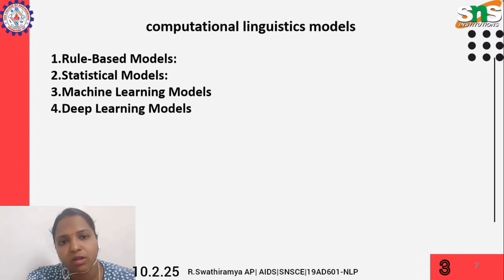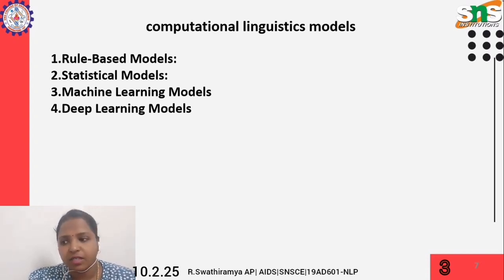Number one is the rule based model. It involves the creation of explicit linguistic rules and structure to process the language, and these rules are often crafted by linguistic experts based on their understanding of grammar, syntax, and semantics.